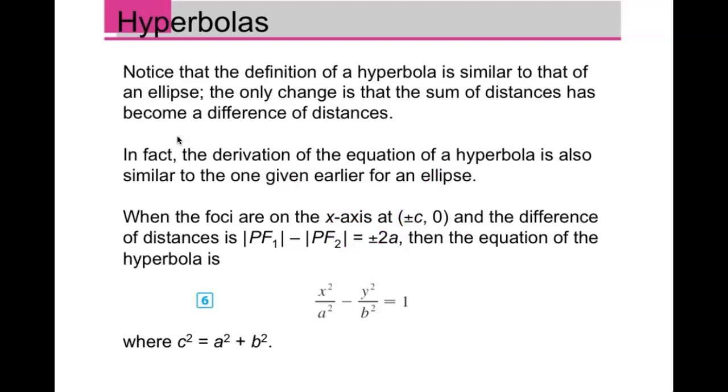So it's pretty similar to the definition of the ellipse, but the only change is the sum of the distances has become the difference. And in fact, the derivation of the hyperbola is pretty similar as well.